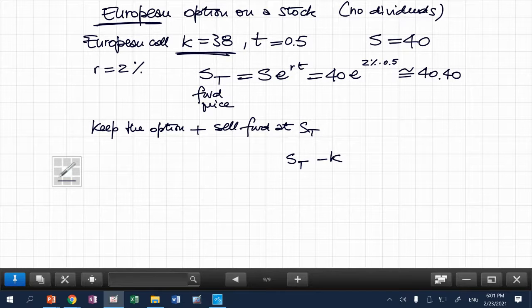So if you want to say which is the minimum boundary for the option premium, it's not ST minus K, but is ST minus K discounted. So imagine that this 240 becomes 238. It means that if the option price today quotes below 2.38, then you have an arbitrage.